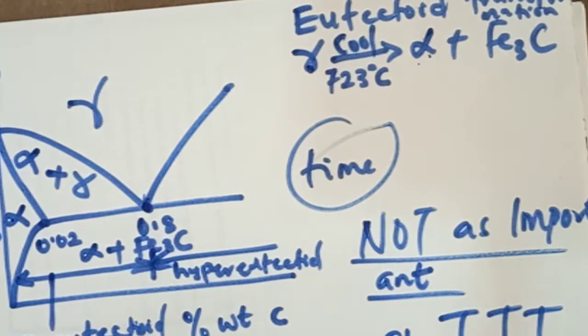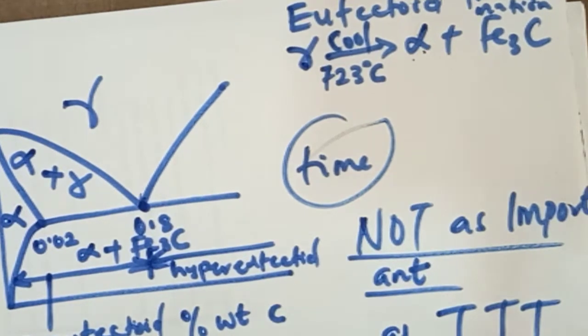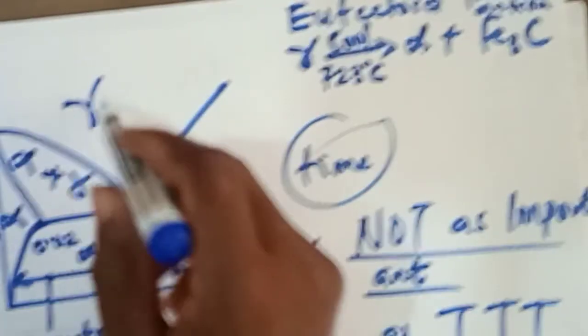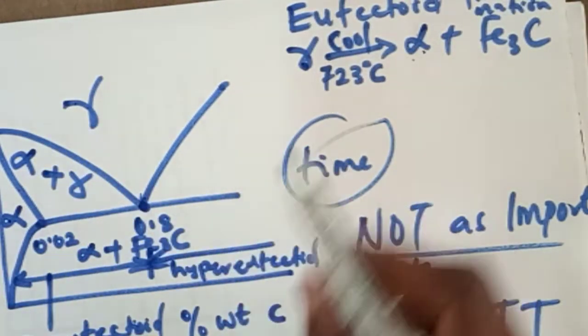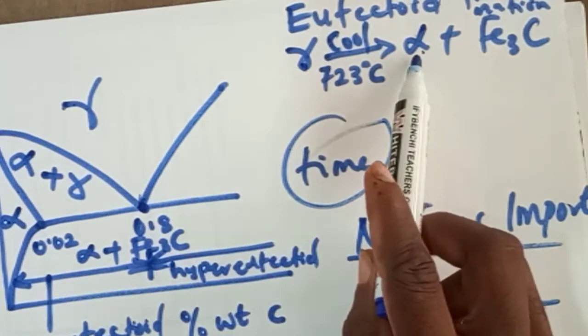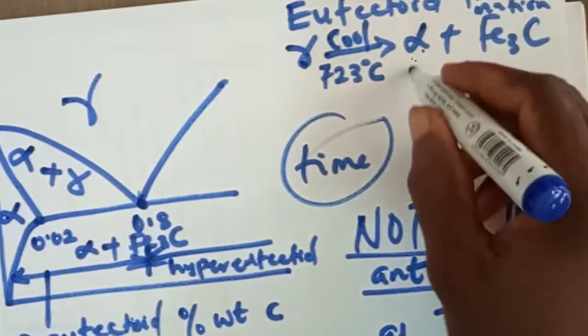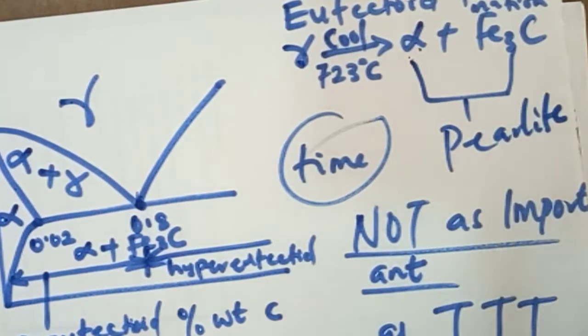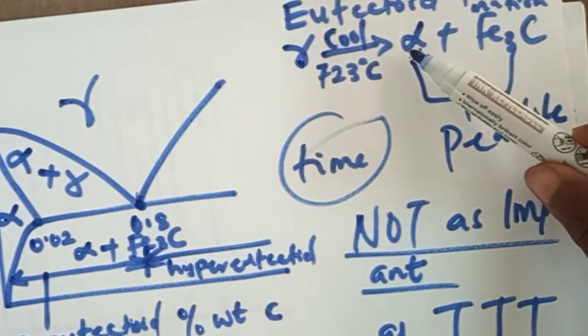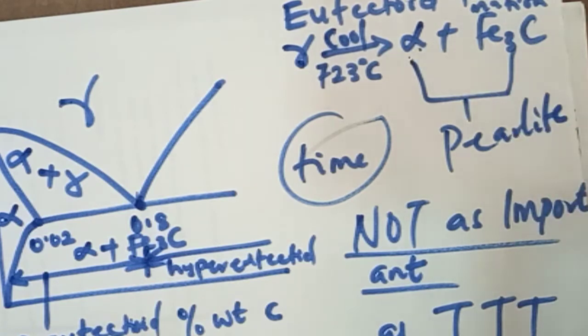And what is the TTT curve? TTT curve is time temperature transformation. Now, this phase diagram is able to tell us what will be the transformation of austenite at 723 when we cool down: we are going to have ferrite plus cementite, which you call pearlite. Pearlite is a lamellar structure of a combination of alpha and cementite.